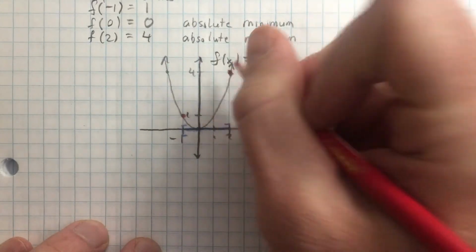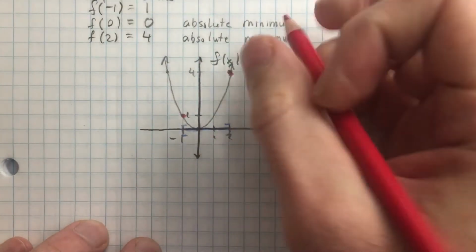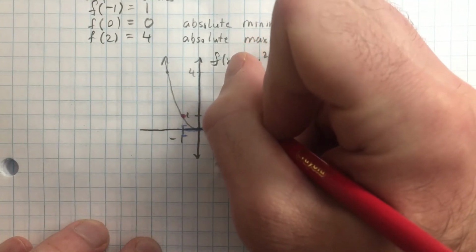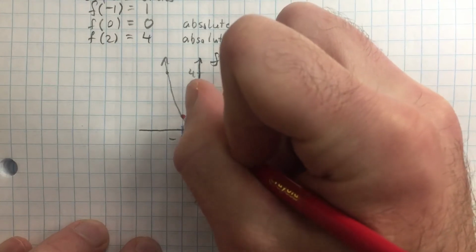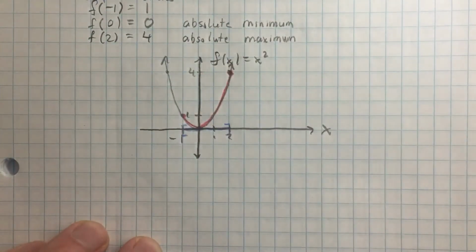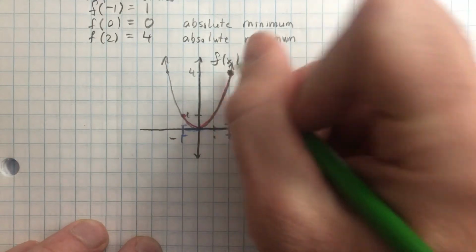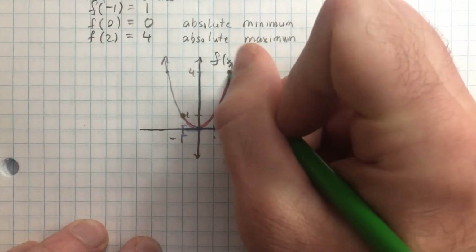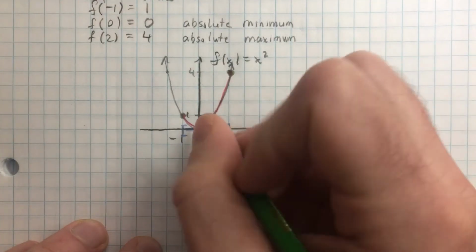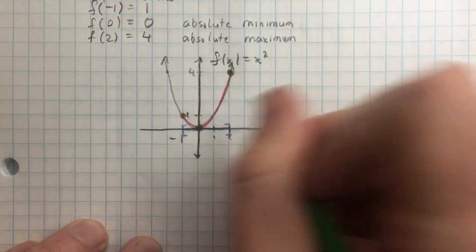I'm just going to use dots instead of the closed bracket notation. We're looking at this set of values. In this set of values, we concerned ourselves with the endpoints, right? The endpoints themselves, and the critical value happening here, where the derivative went to 0.